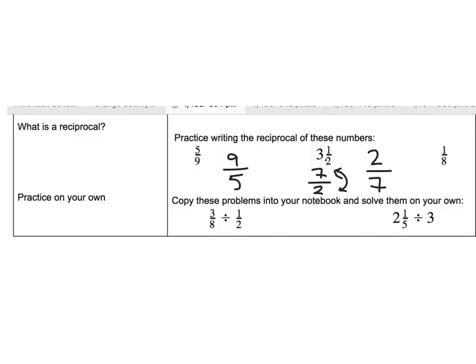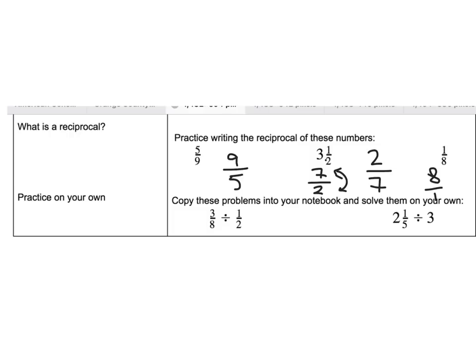All right? And the reciprocal of 1/8 is just 8. Or in other words, 8/1, which we know is just 8. Okay. So what we're saying then is we now have a rule for dividing with fractions. We know that any number divided by a different number is the same thing as multiplying by that second number's reciprocal.